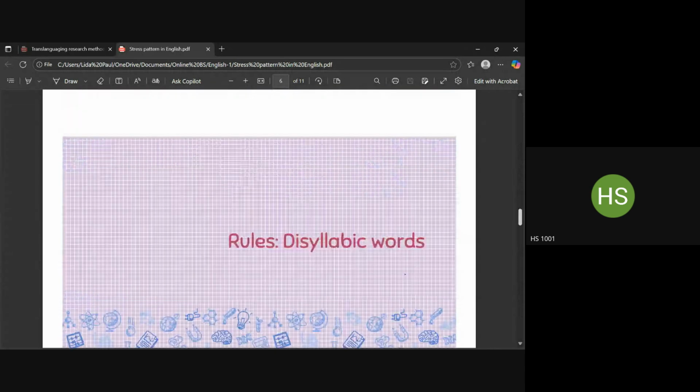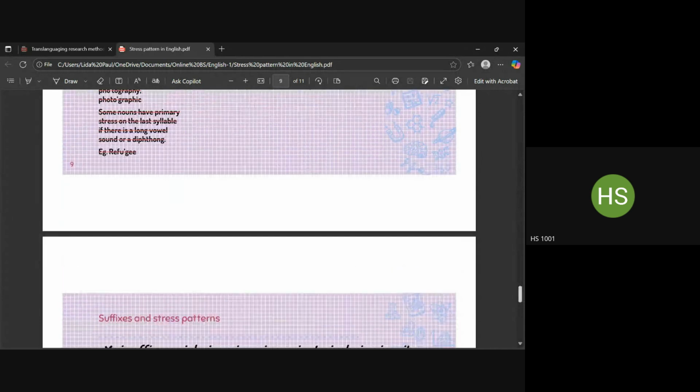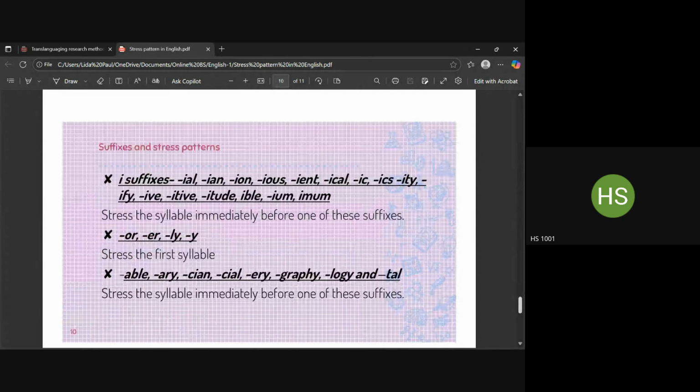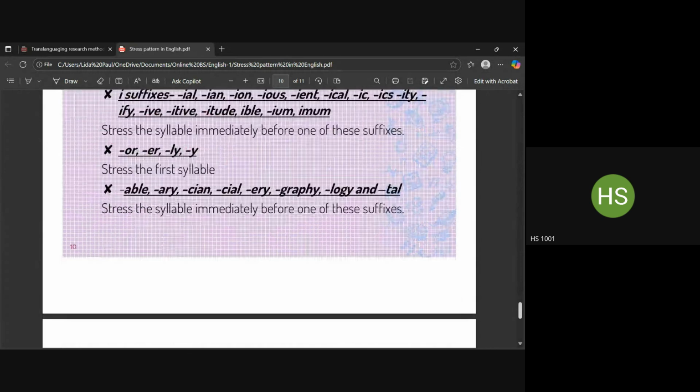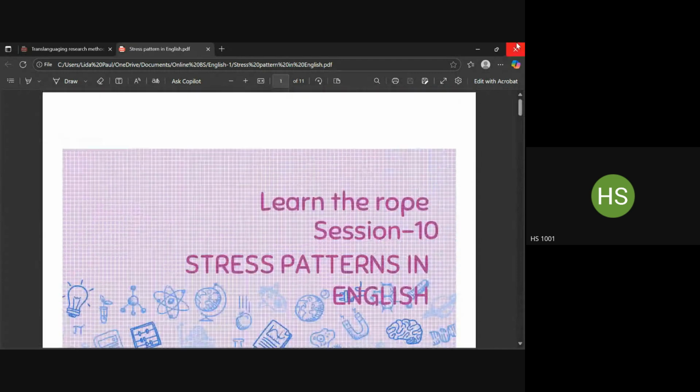So just run through that so that you have a better idea. It's basically a summarized version of what you've heard in the lecture. So at least if not the lecture, please go through this one to understand how the stress pattern works. Please make sure that you look at it. All right. Now we'll go back to the worksheet.